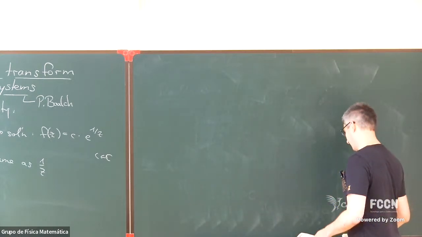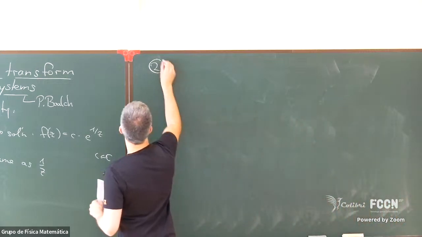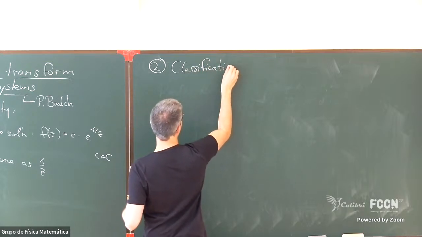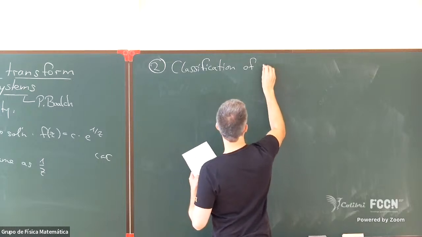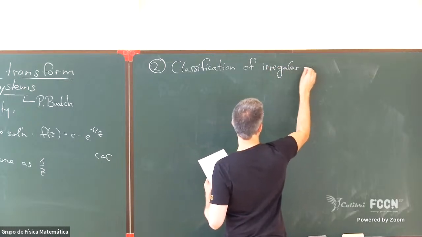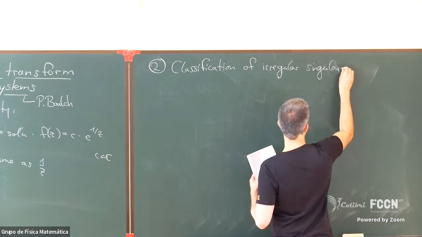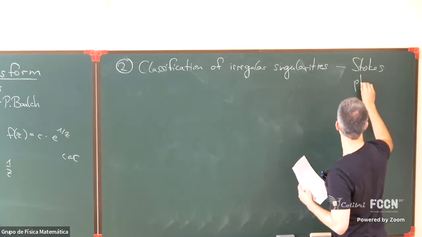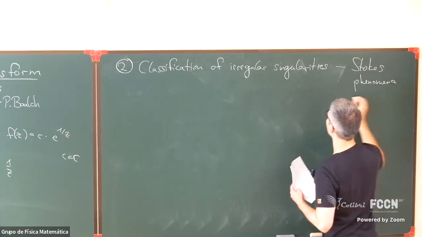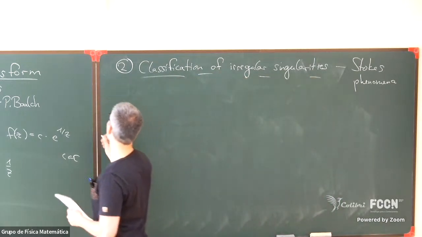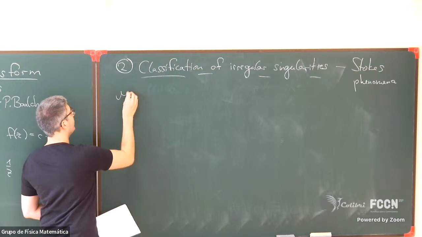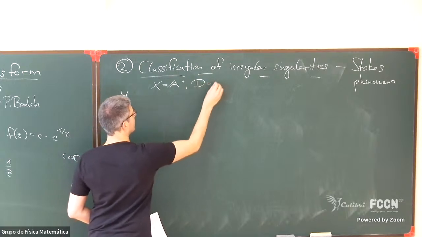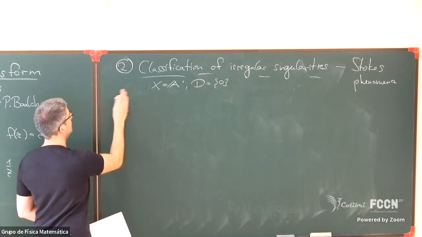And so what is it? So how does it work? The classification of irregular singularities. So let's say we have, I will work now only on A1 with singularities at the origin.